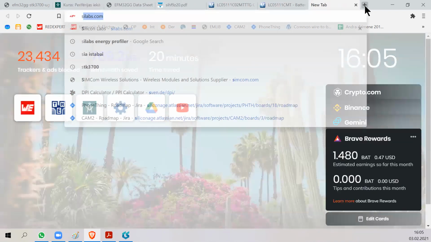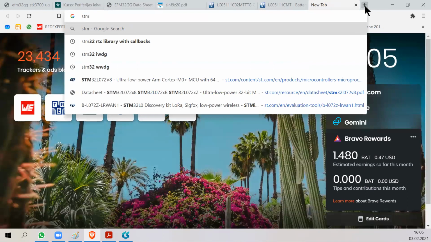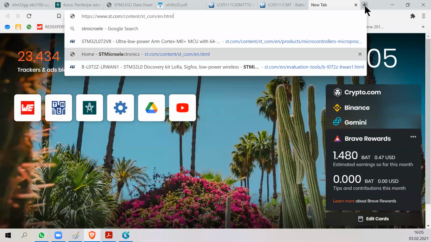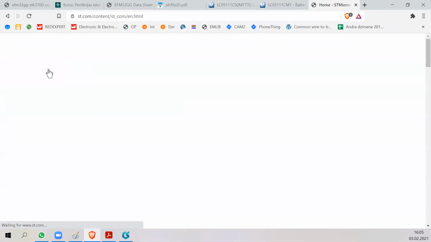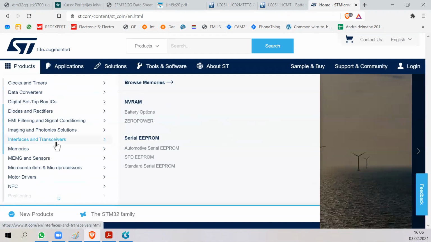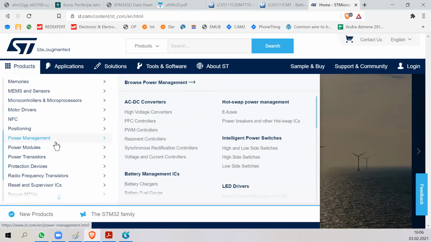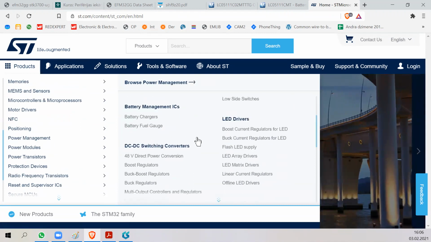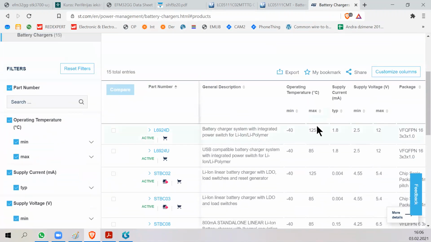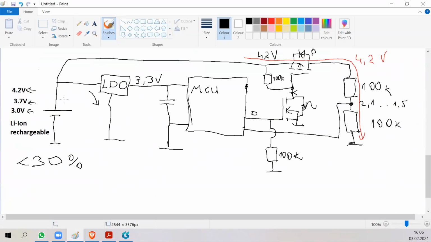And from ST Microelectronics, what a long name, under products they have a very interesting device in power management, battery chargers. Normally you would have a battery which has a protection circuit inside.